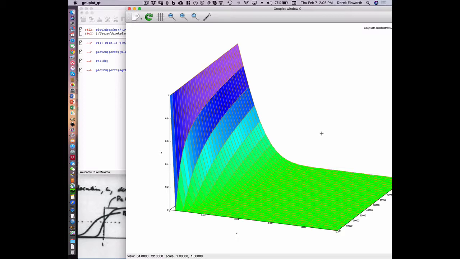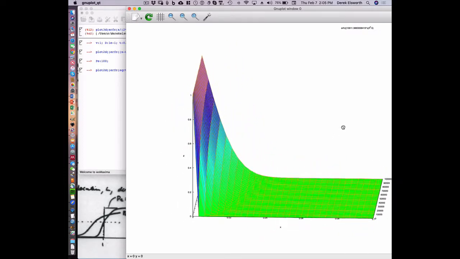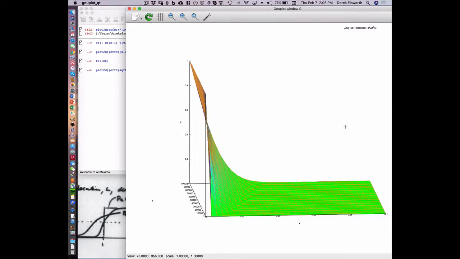And you can see as I turn it around that, not surprisingly, as you go further away from here, it's very steep. It's a very steep distribution because it hasn't had very far to diffuse away from that location. And as you go further in time, the distance from the axis to the plume increases. So it's like a Gaussian distribution.